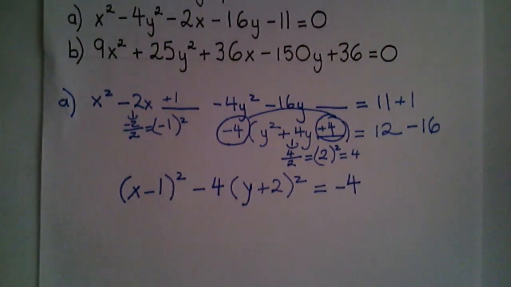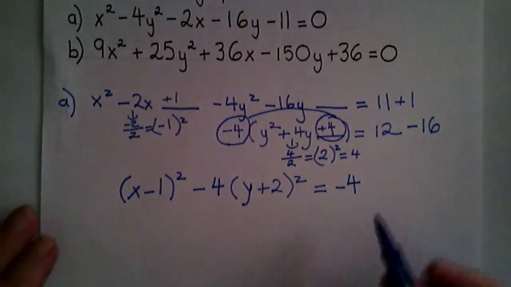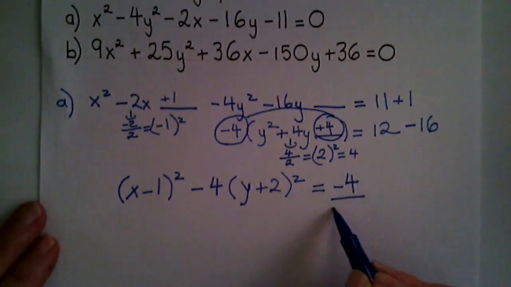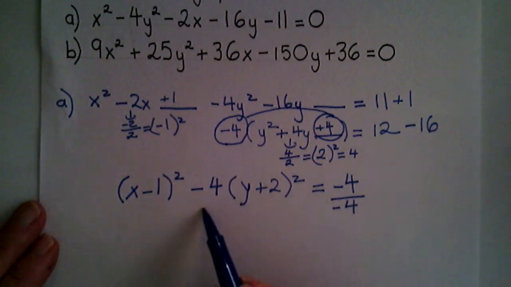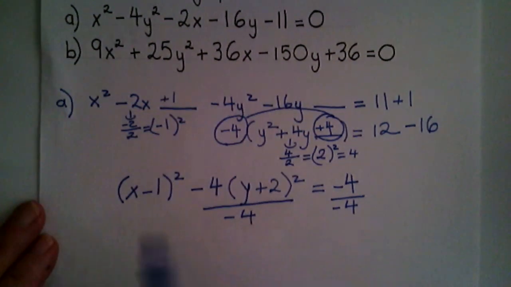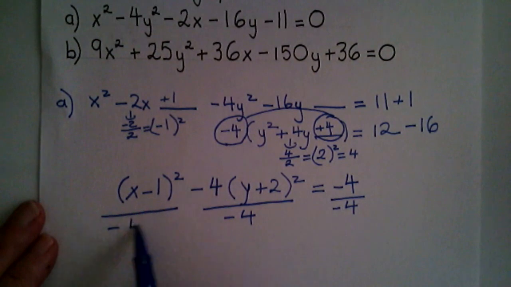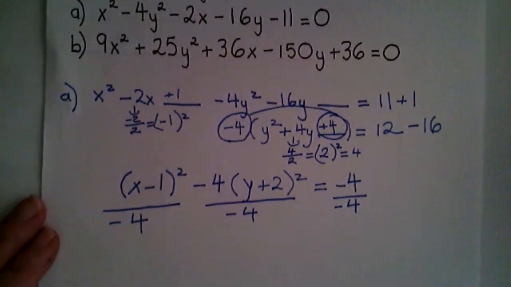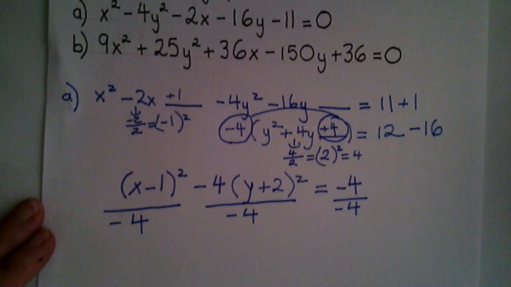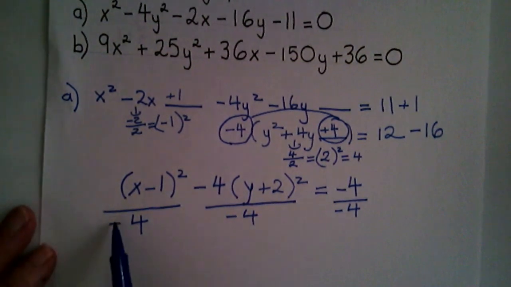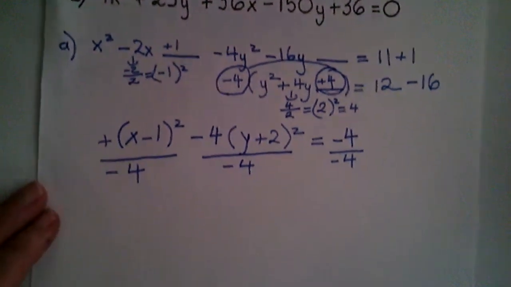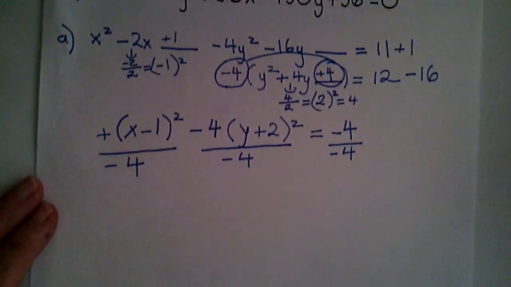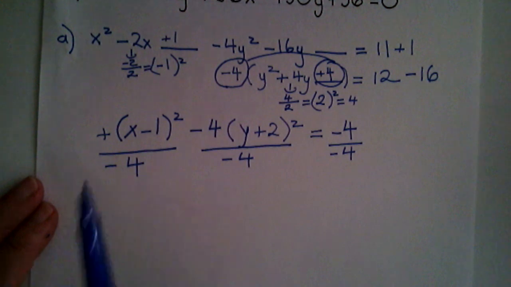And obviously it doesn't look like anything at the moment. So you have to divide everything by negative 4. Okay, so if we've divided everything by negative 4, a negative and a positive will give me a negative. So you can tell already that this is going to give me a negative.